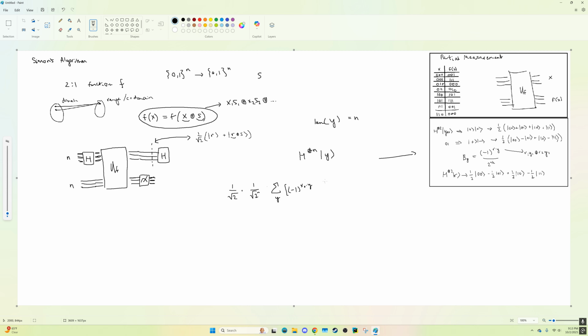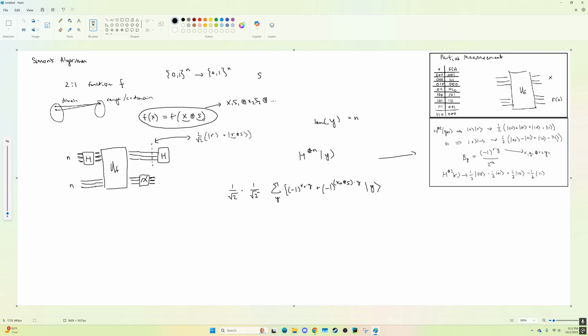There's no way I remember this myself. Plus -1 to the x naught XOR s dot y, and then we have that. Okay. I think that is correct.